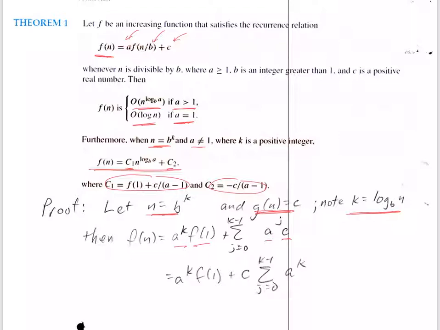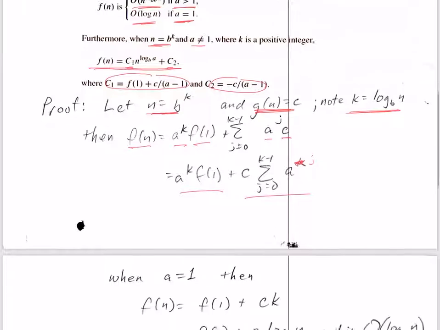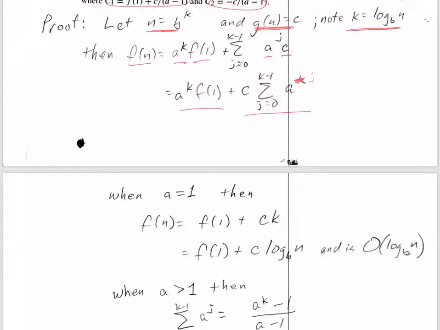And I can factor out the c since it doesn't depend on j. I have an error here, that's a to the j. And so my number of operations is a to the k times f(1) plus c times the sum of the a to the j's. Now, I've got two cases, one where a is equal to 1.